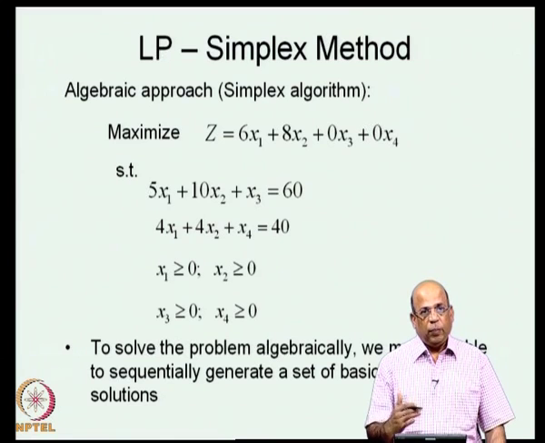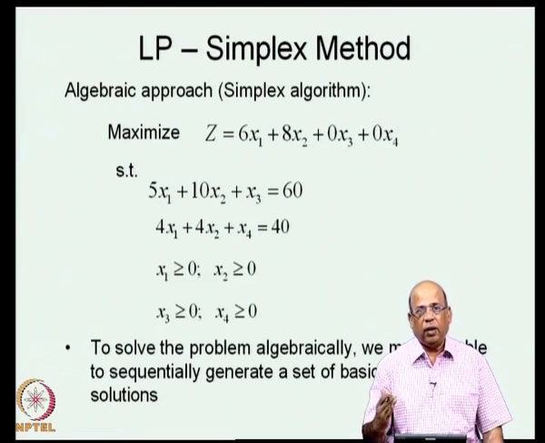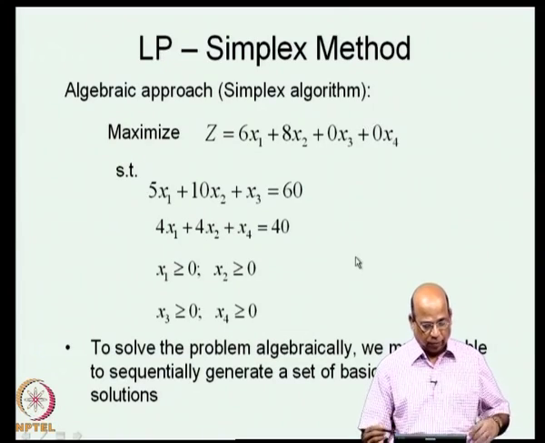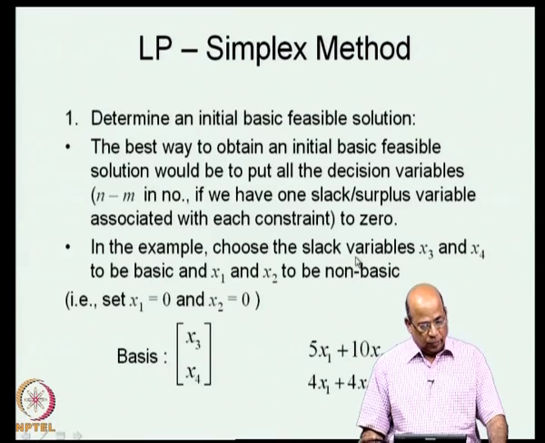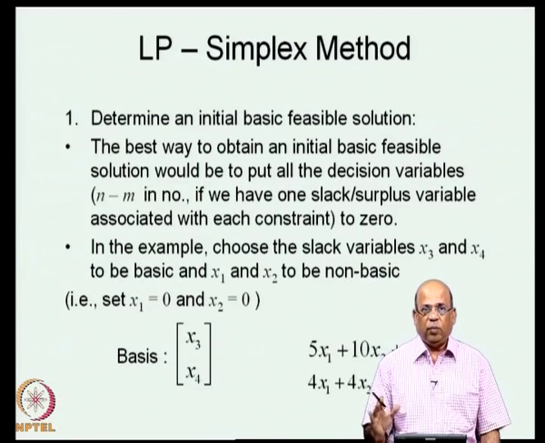So, we must be able to sequentially generate solutions now. Start with the initial basic feasible solution and then move to the next basic feasible solution. Let us see how we do this on this problem. The first step is to determine an initial basic feasible solution.